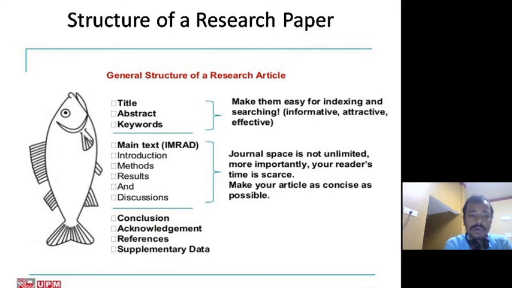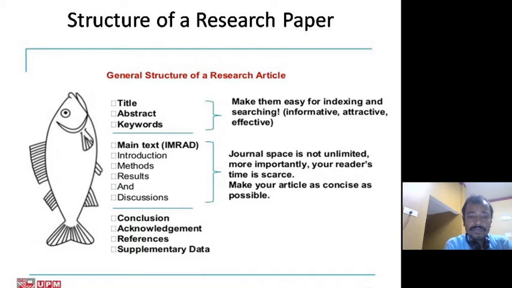The next important part is the body part, that means the main body of the research, which includes an introduction about the research, the several methodologies used in the research, major results from the research, and discussion about the research.